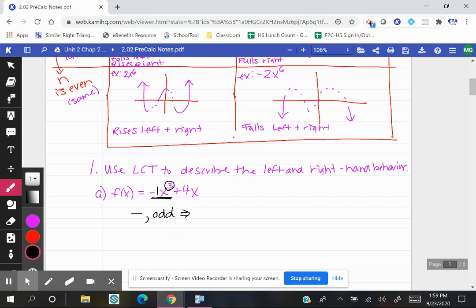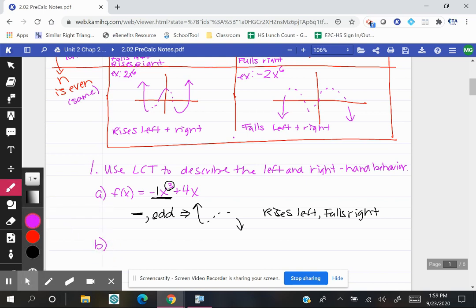It tells us that it's going to be opposite, so one end is going to be up and one end is going to be going down, and since it's negative, the end all the way to the right is the one that's going to be going down, which means the left should be going up. So we'd say here rises left, falls right.